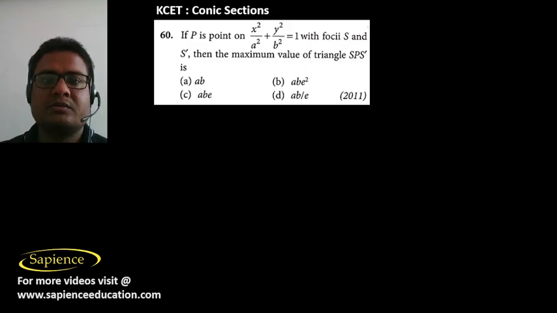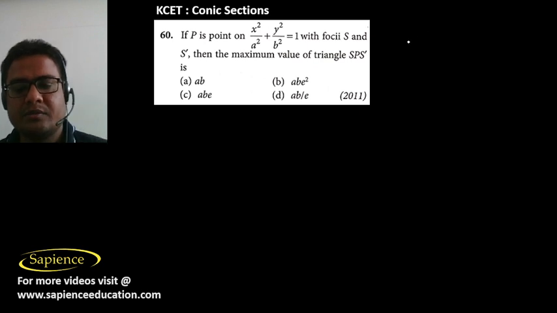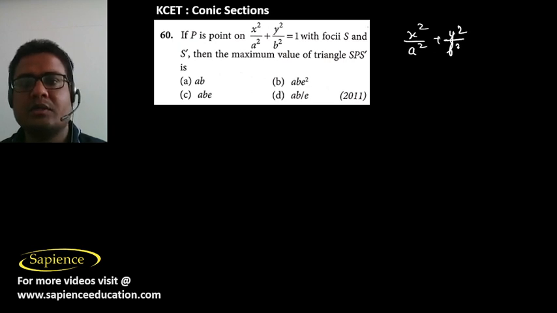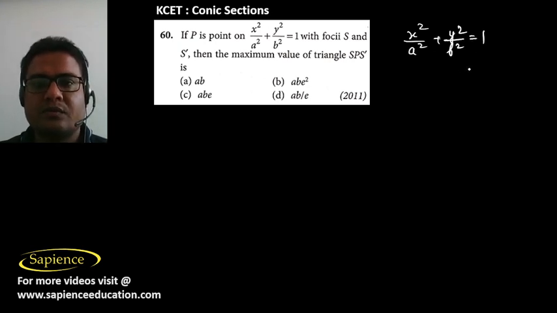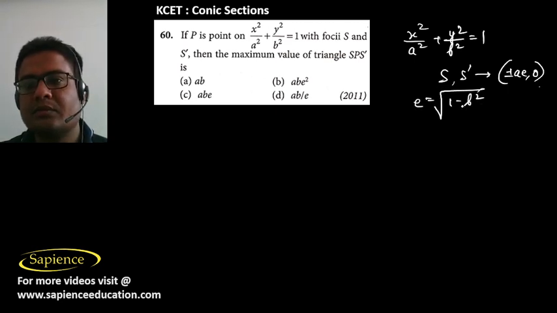Okay, so here it has been told, if the point P is on the ellipse x square by a square plus y square by b square equal to 1, with the foci S and S dash, so the foci S and S dash are given as plus or minus ae comma 0, where e is equal to square root of 1 minus b square by a square.